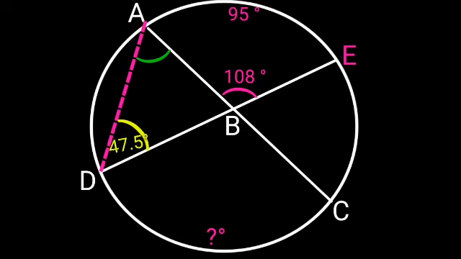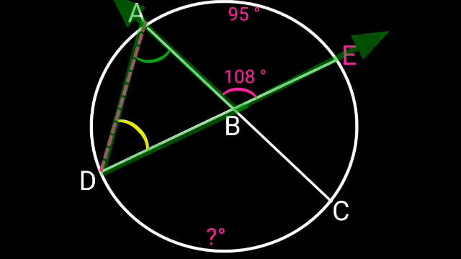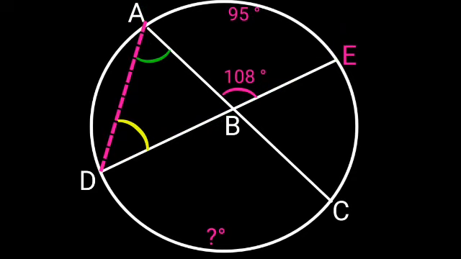Thus we find this angle. Angle ABE is the exterior angle of triangle ABD. From the exterior angle theorem, the measure of this angle is equal to angle DAB plus angle ADB.